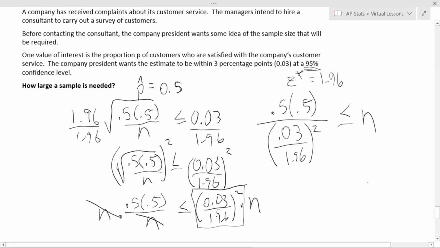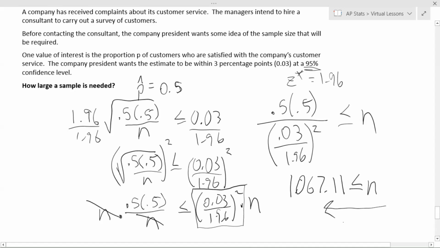So n has to be greater than or equal to essentially 1067.11.